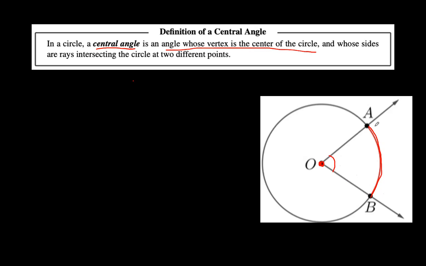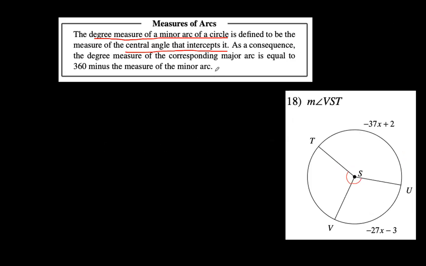For example, if arc AB is 30 degrees, then the angle measure of the central angle AOB is also 30 degrees. That's the definition for a given central angle.